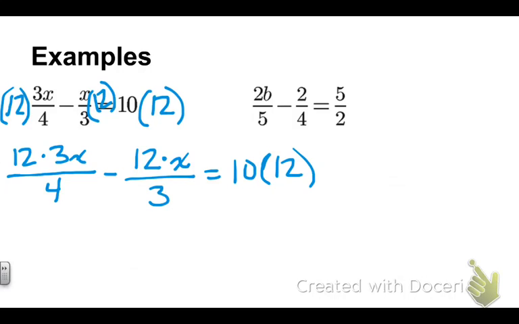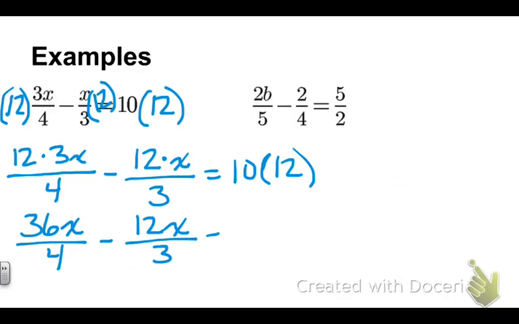Alright, so now if you do the multiplication first, it's going to be 36x divided by 4 minus 12x divided by 3, and that's equal to 120.